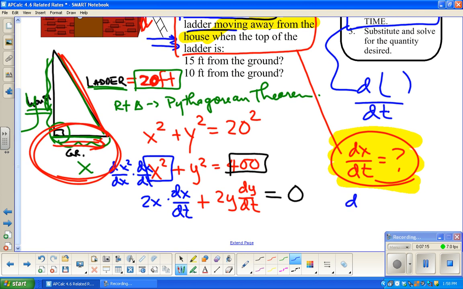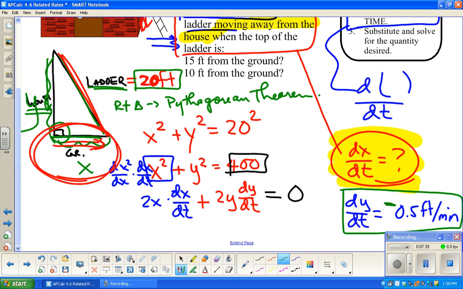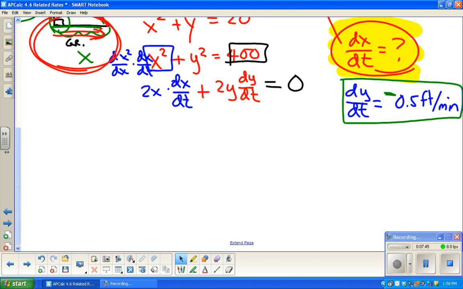We are told dy dt is 0.5 feet per minute. Now, one little adjustment here. Since this is moving down the house, the y value is getting smaller and smaller, so this is really negative. Since y is getting smaller, it's decreasing, that rate of change is really negative, and that should be something that you pick up in the process of solving, and that's not obvious.